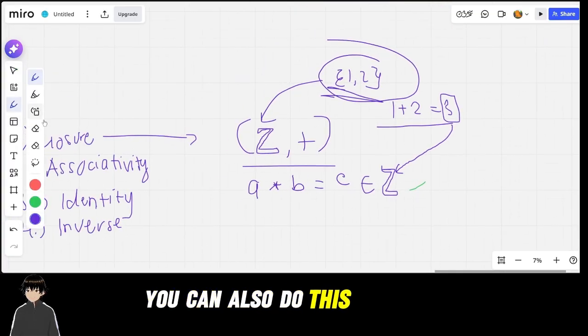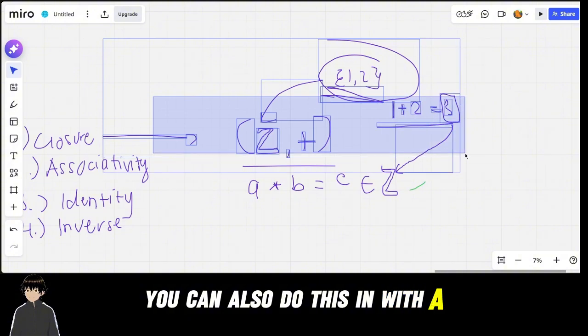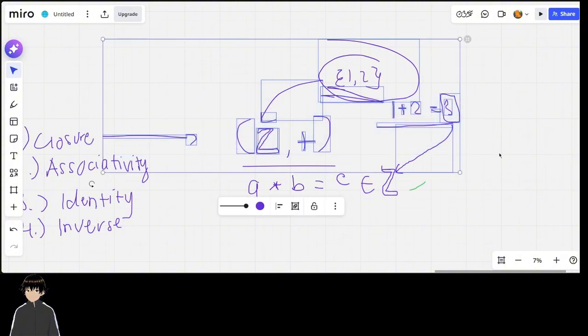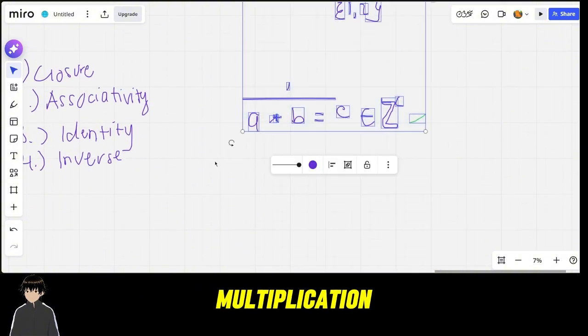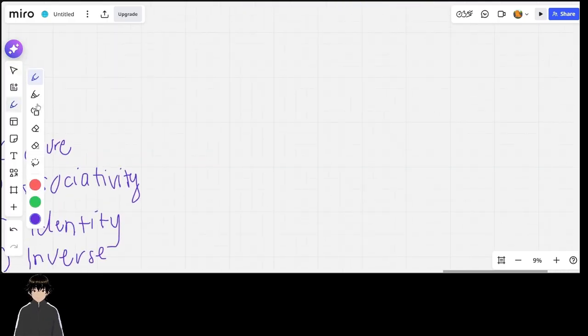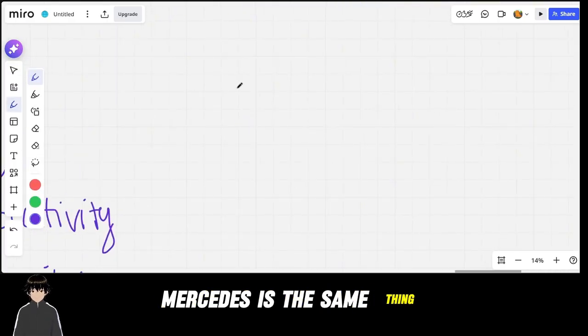You could also do this with multiplication.